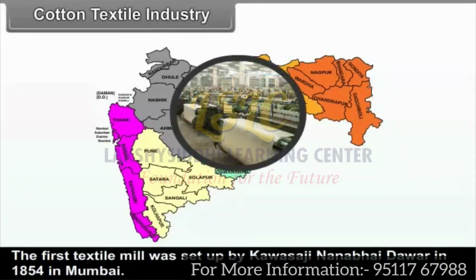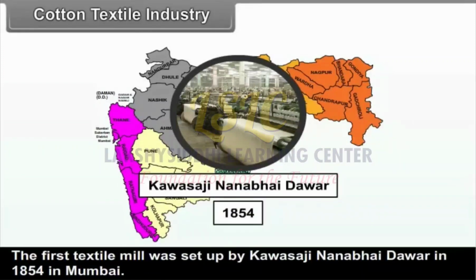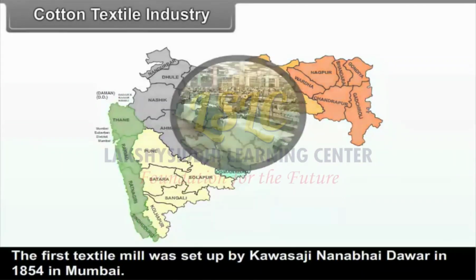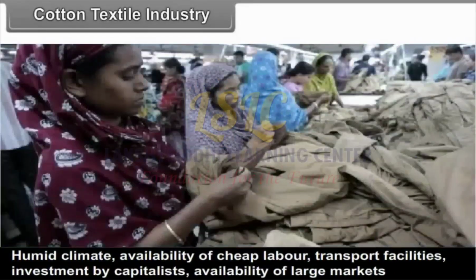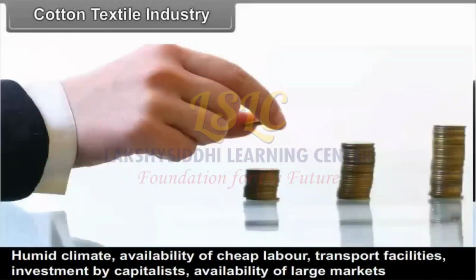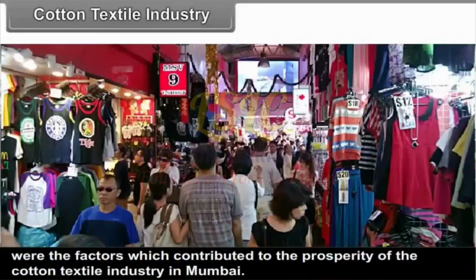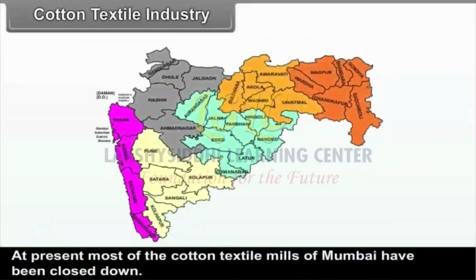The first textile mill was set up by Kawasji Nanabhai Dawar in 1854 in Mumbai. Humid climate, availability of cheap labor, transport facilities, investment by capitalists, availability of large markets were the factors which contributed to the prosperity of the cotton textile industry in Mumbai.